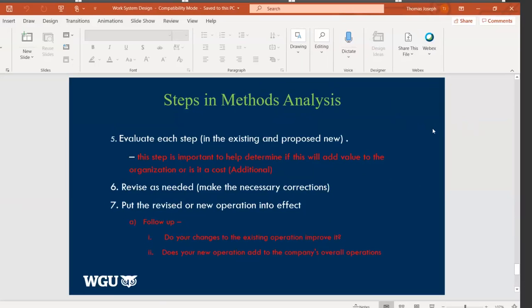And last but not least, number 7, put the revised or new operation into effect and then follow up to see if it's working. You could answer the question, do your changes to the existing operation improve it, or does your operation add to the company's overall value? So this concludes the 6 or 7 steps in methods analysis.